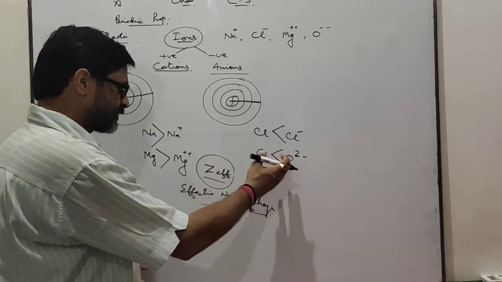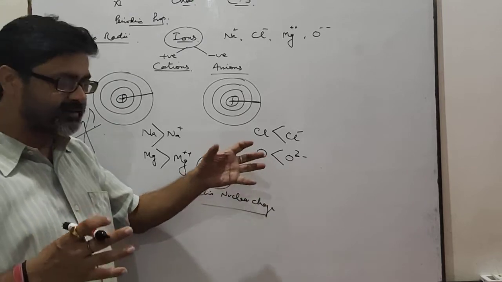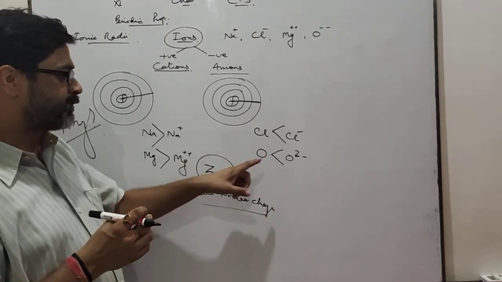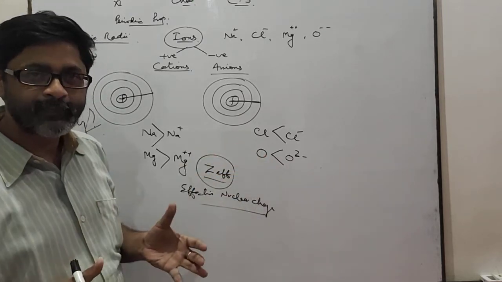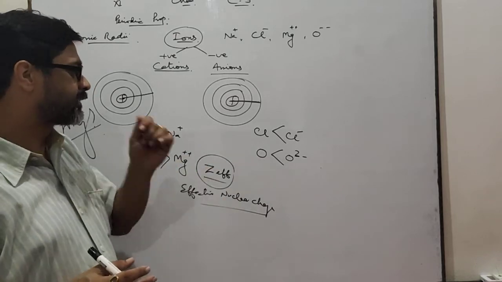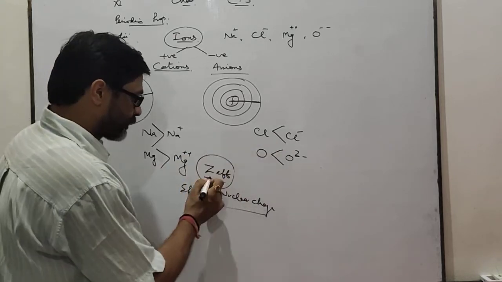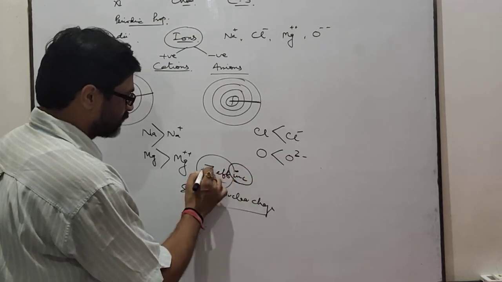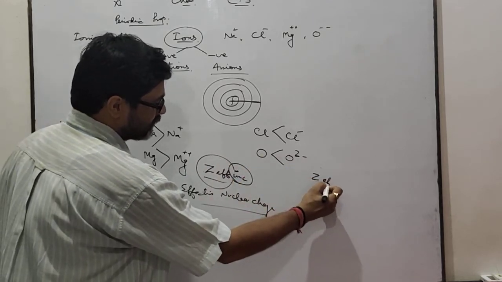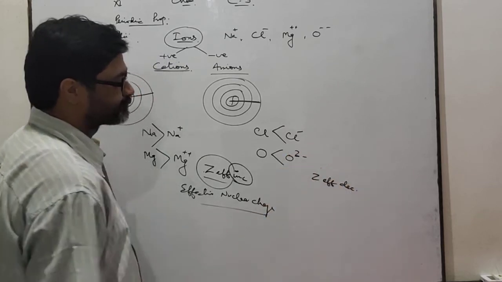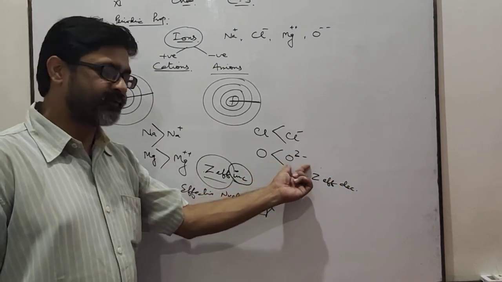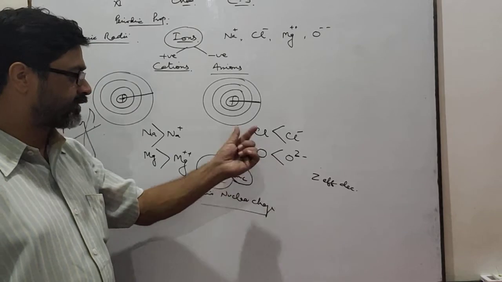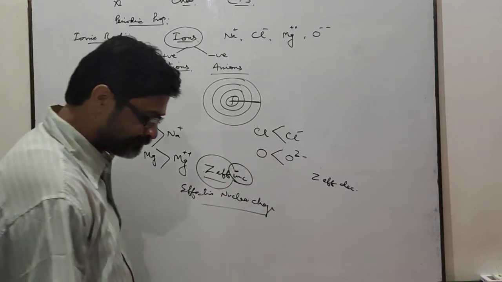In opposite to this, when an atom gains an electron, the effective nuclear charge decreases and hence atomic size increases. Z effective increases in this case and in this case Z effective decreases. So the size of an anion is always greater than the neutral atom.